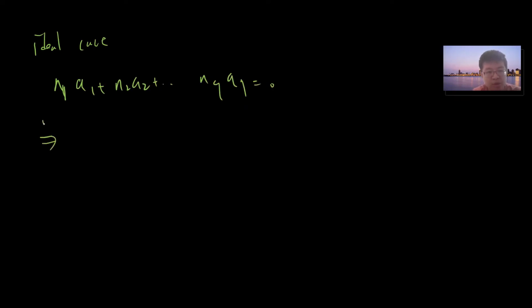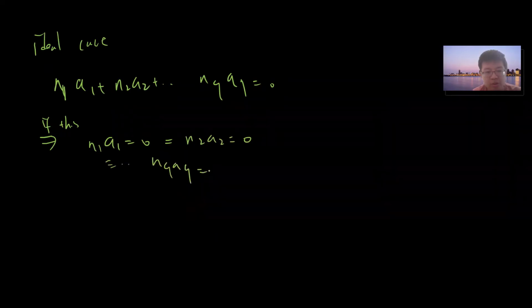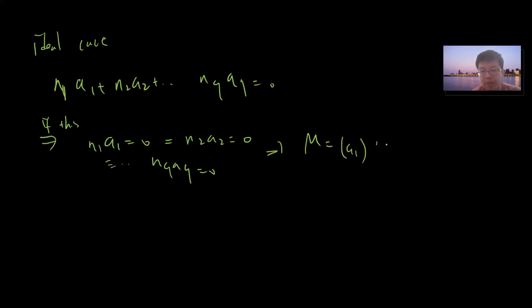Let me rephrase the idea. What I originally said is that this is an ideal case: if N1 A1 plus N2 A2 up to NQ AQ equals 0 implies that N1 A1 equals 0, N2 A2 equals 0, and so on up to NQ AQ equals 0, then we will show that M is just the direct sum of A1, A2 up to AQ.